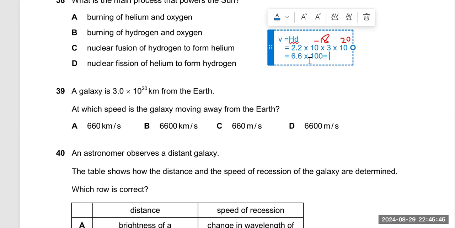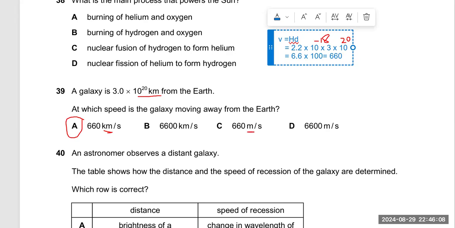So multiplying this, you will get 660 kilometers per second. Okay, so our option will be this one. Remember, this is the distance in kilometers, so you have to select the option in kilometers per second, not in meters per second.